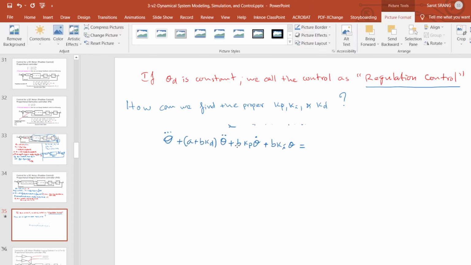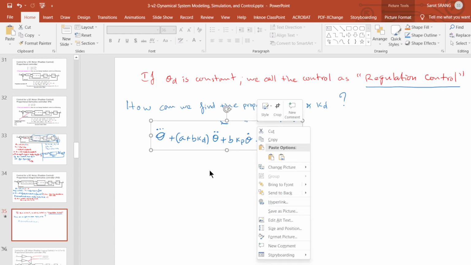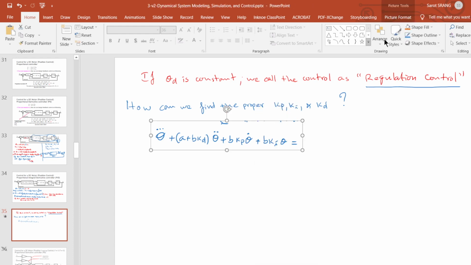I'm only interested in the characteristic equation because I have already analyzed what happens in this state using the full equation.